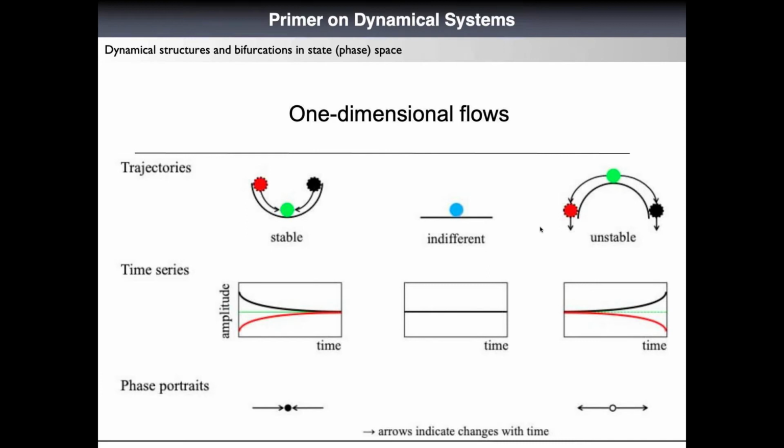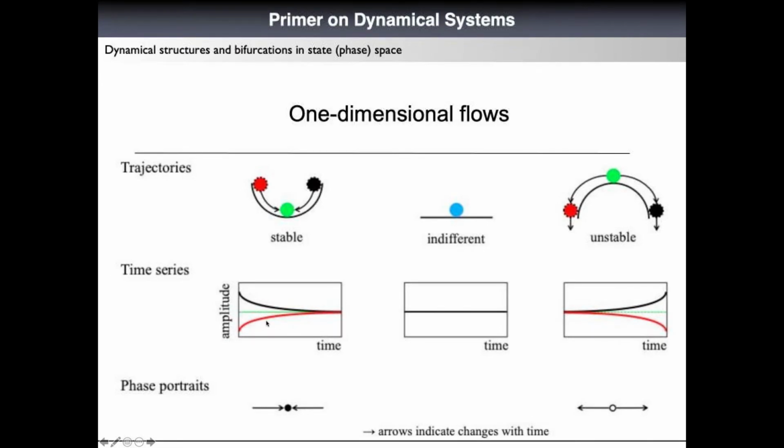Let's see how this works for dynamics of 1 and 2 variables. First, for dynamics of 1 variable, like the ones we saw earlier with the potential. So we have these different kinds of representation of the dynamics. We can have trajectories in a relevant state space.